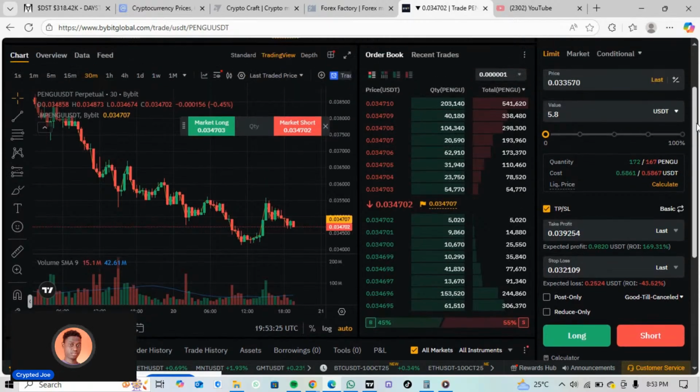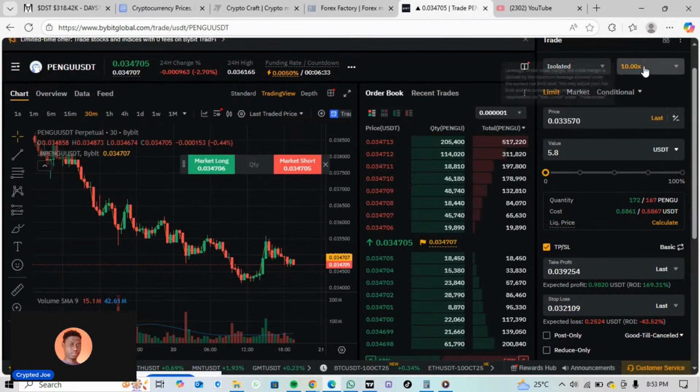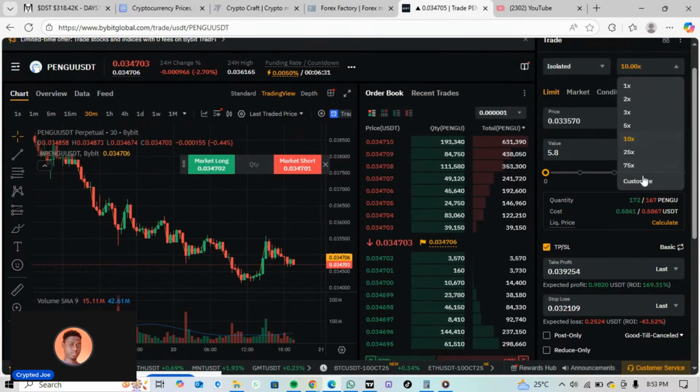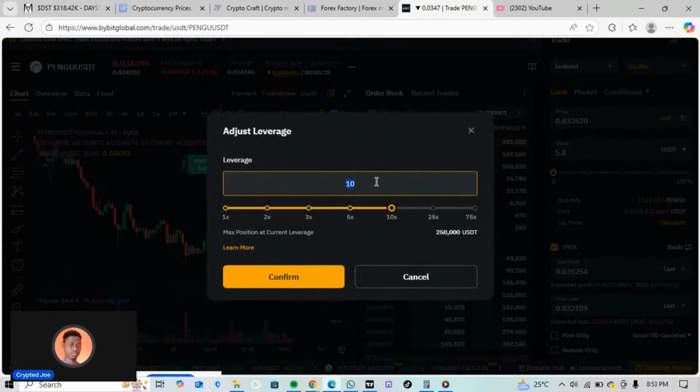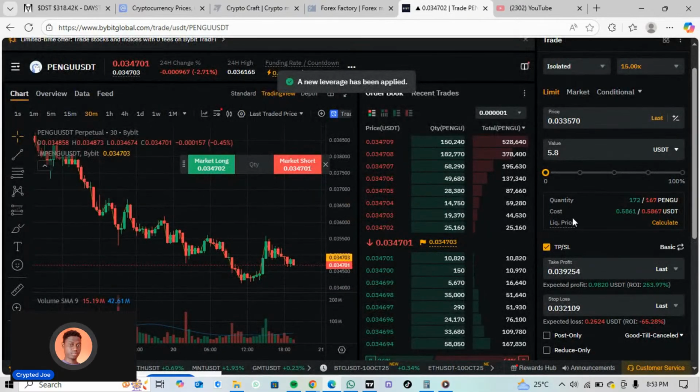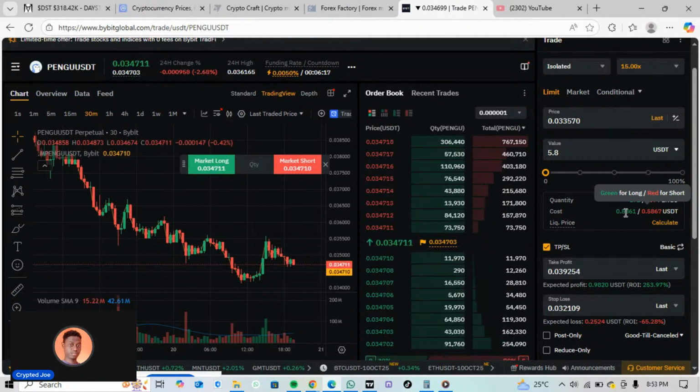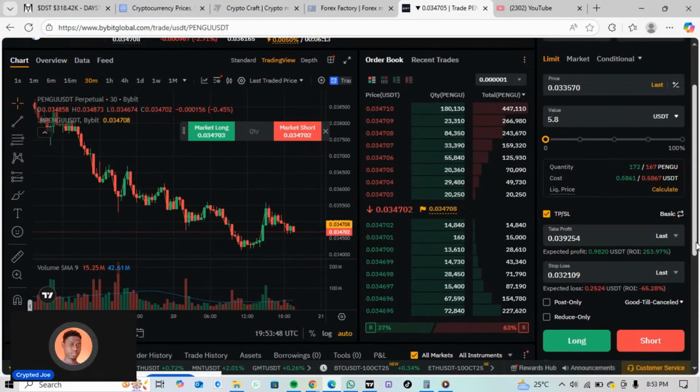Now, when it was 15x leverage, it is your leverage that will determine the cost, which is the amount you are entering the trade with. So at 15x leverage, our cost is 0.58. So we are going to enter this trade with half a dollar, which is 0.58. You understand? 0.58. So the more you increase your leverage, the lesser the cost.